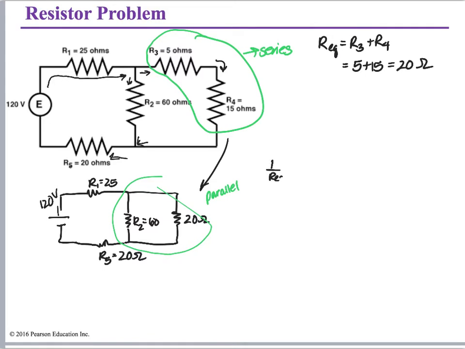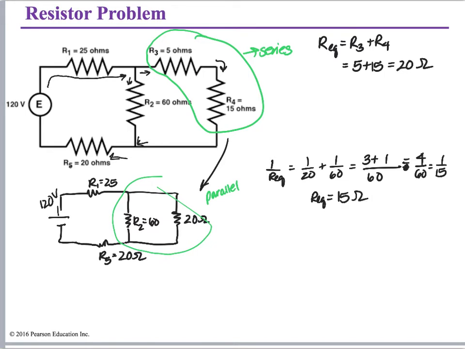So 1 over equivalent is equal to 1 over 20 plus 1 over 60. And this is where I'm going to say use your fraction skills because you'll get a better answer. So this is 4 over 60, which is 1 over 15. So the equivalent here is 15 ohms.